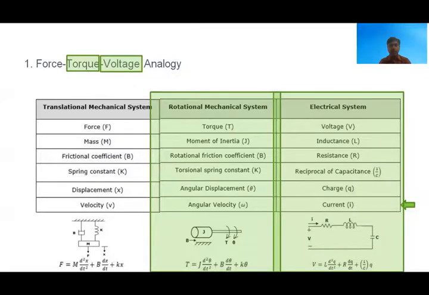And the basic components like moment of inertia J, friction coefficient B, and torsional spring constant K are analogous to the inductance, resistance, and reciprocal of capacitance. And here, when the torque is applied on the rotational system, the output of the system is the angular displacement, which is analogous to the charge flow in the electrical circuit. And the angular velocity omega is analogous to the current.